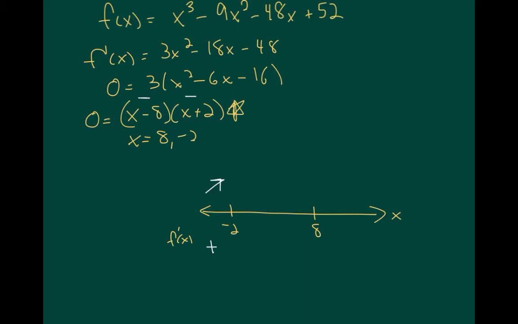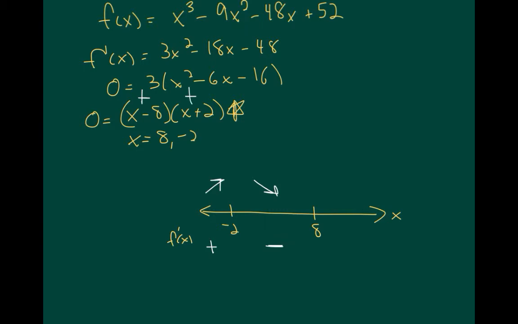I'm going to plug in 0 for the next region, and if I plug in 0 once again to my binomial factored version of the derivative, 0 minus 8 is negative and 0 plus 2 is positive. So the region between negative 2 and 8 has the derivative negative, which means the function is decreasing. And then finally, for large positive numbers greater than 8, that first binomial will be positive, and the second binomial will be positive.